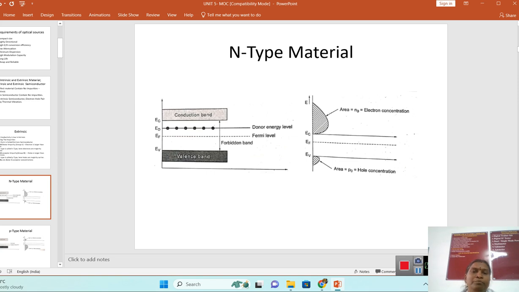Here ED is nothing but the donor energy level. Here the area is higher because the electron concentration in an n-type material is higher. And in n-type material, the hole concentration is very small, so we represent the hole concentration with a smaller area.